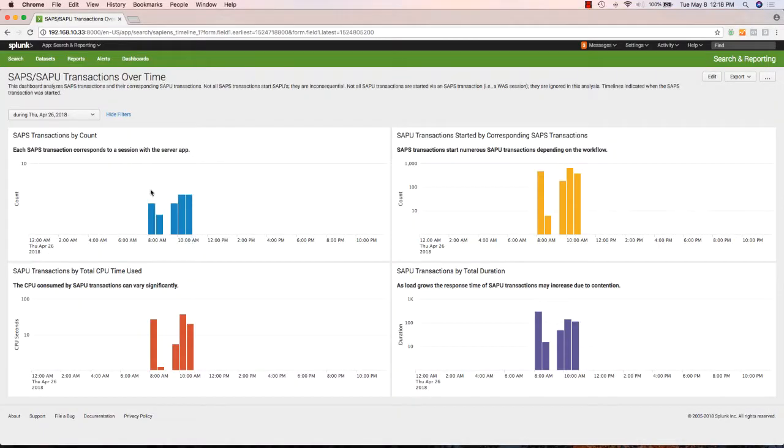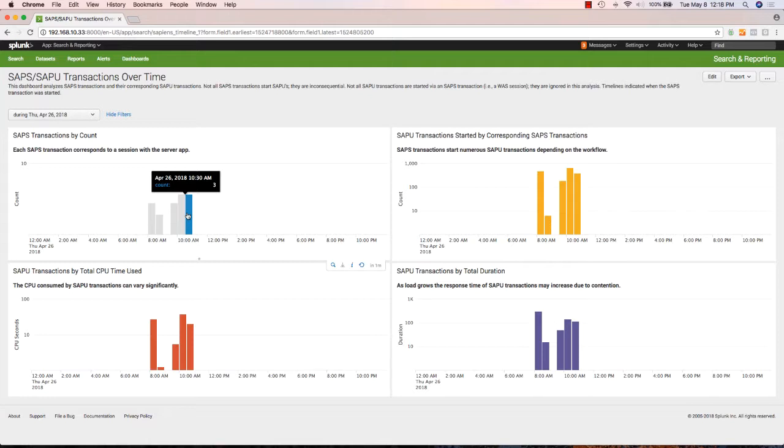So if I switch over to this dashboard, that's what we're attempting to show, just the first basic correlation. And that is how a single SAPS transaction, so for example, this was just a demonstration environment, so it's low volume, but in that time frame, there were 3 SAPS transactions run.